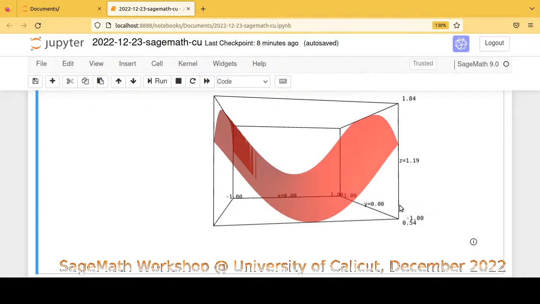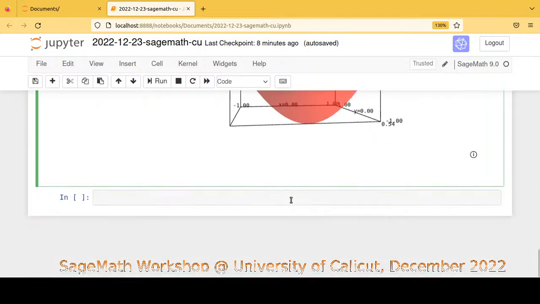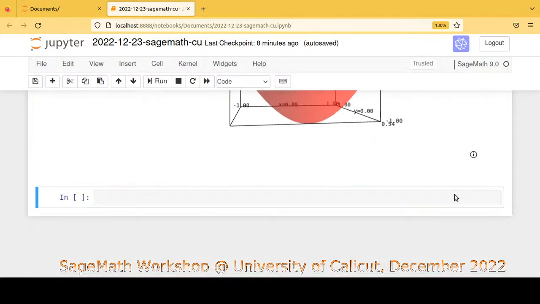And now you can have one more thing, like let us try to plot one more picture. Plot 3D sine, we just take x square plus y square, x square plus y square.